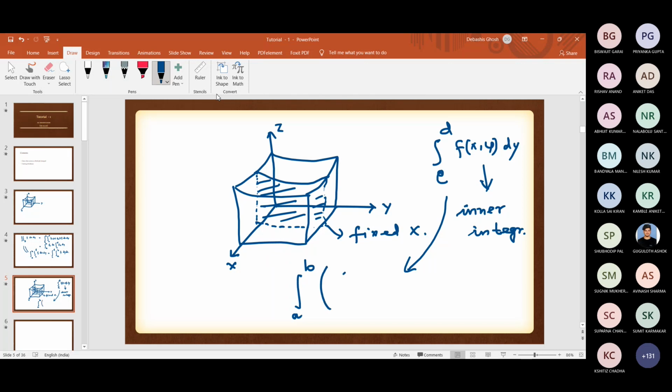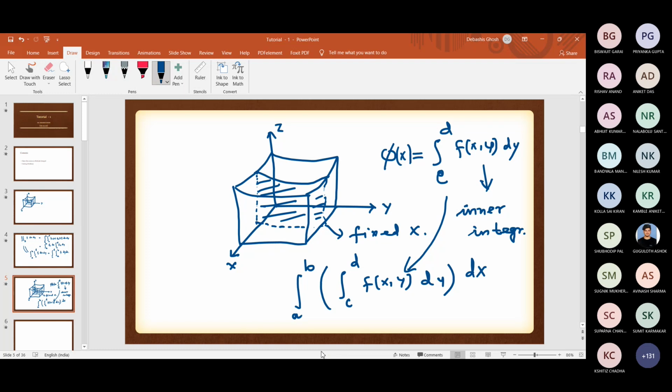The value you have now is a function of x, that is the integration of f of xy dy, whole into dx. So that is the repeated integral.